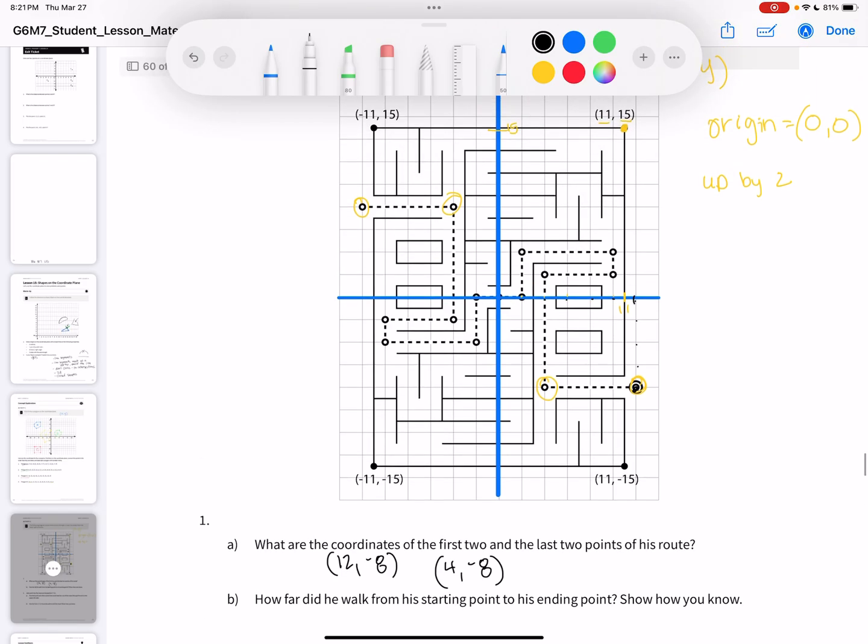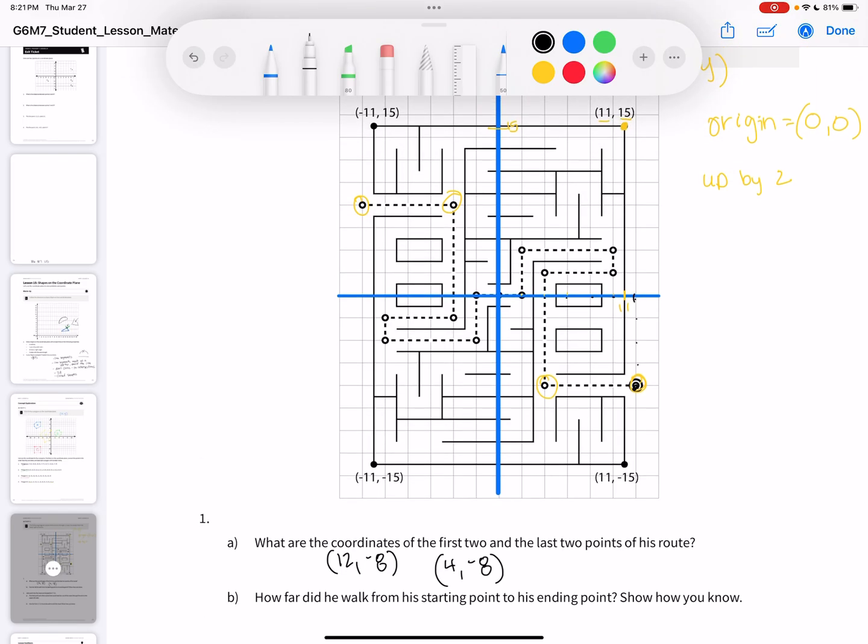And the last two dots, they're 2, 4. So negative 4 over, and 2, 4, 6, 8, positive 8. And then we have 2, 4, 6, 8, 10, 12, negative 12, up 2, 4, 6, 8, positive 8.